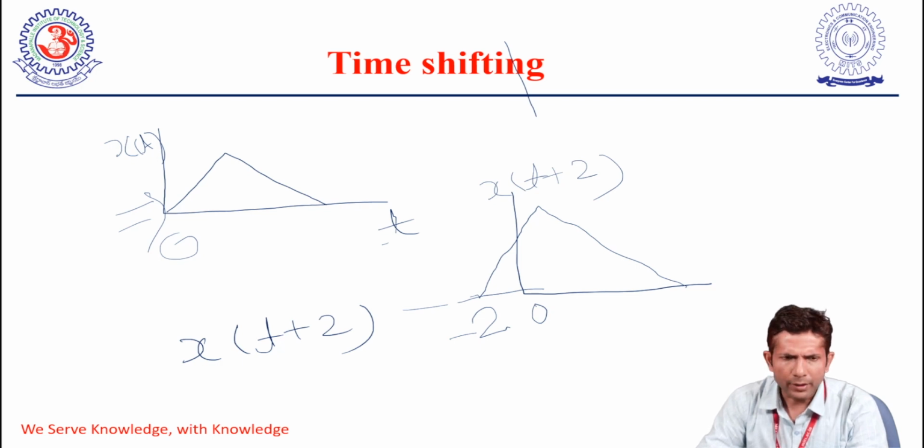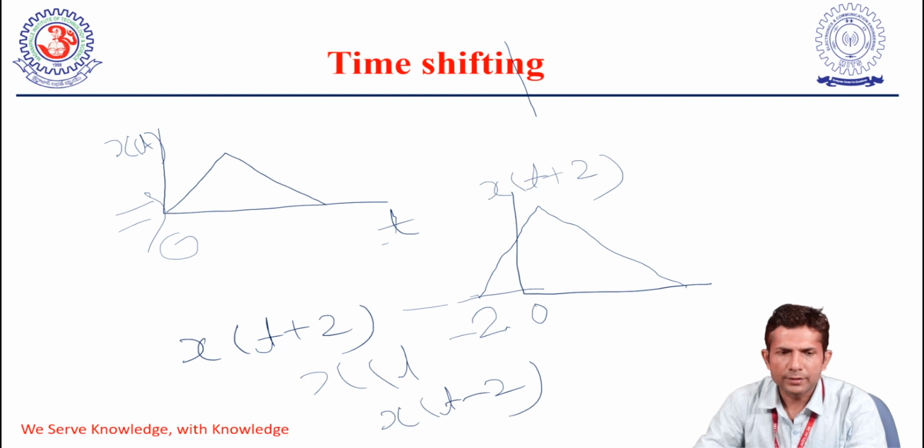So in order to plot x of t minus 2, let us see how we can plot the signal.